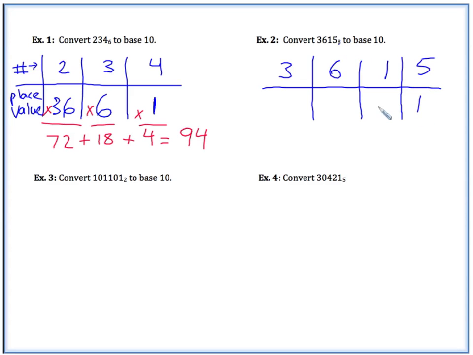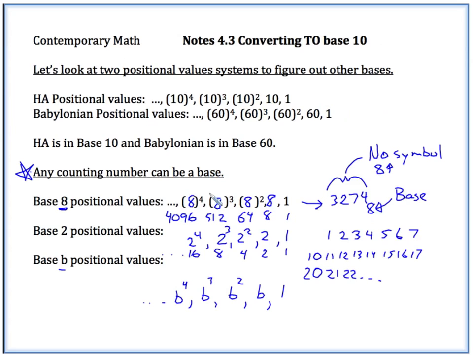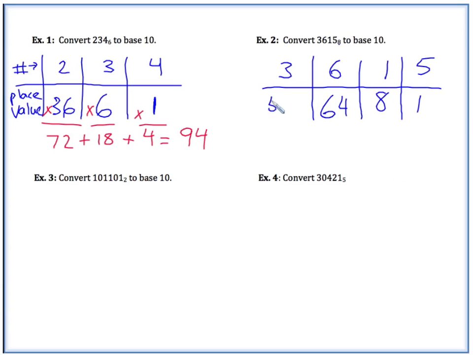So it's going to be 1, 8, 8 squared, which was 64, and 8 cubed, which was 512. Okay, so again, if you forget how to do these, you just look at your base and remember how we came up with these. 1, 8, 8 squared, 8 cubed, so on and so forth.